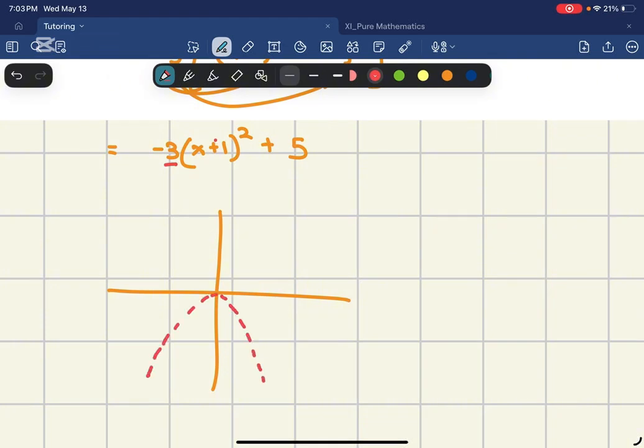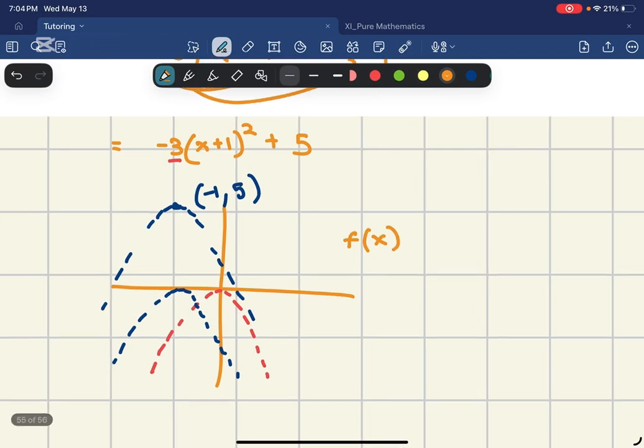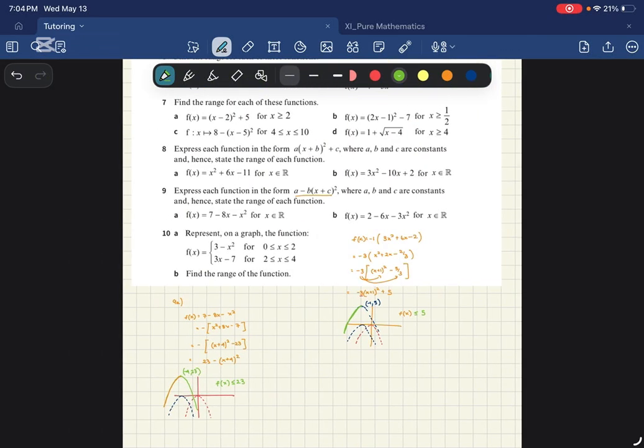And then I have x plus 1, so I'm shifting it 1 unit to the left. And then I'm shifting it 5 units up. All right. So I have negative 1 comma 5 here. So f of x, so your output values, as shown here, is always going to be less than or equal to 5. So we are done with 9b.